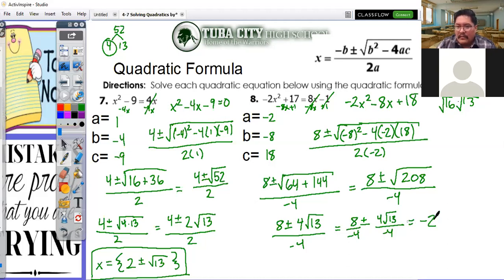Plus and minus 1 times root 13. Now, in this case, we don't really need the negative 1 because if you add or plus a negative number, it's going to be the same thing. So I'm going to go ahead and get rid of this and just go with plus and minus. Now, if you put negative 1 times root 13, I would probably still accept that because technically it is right.